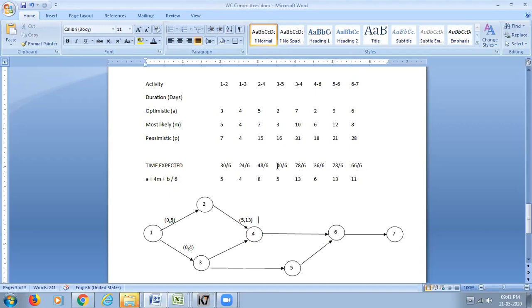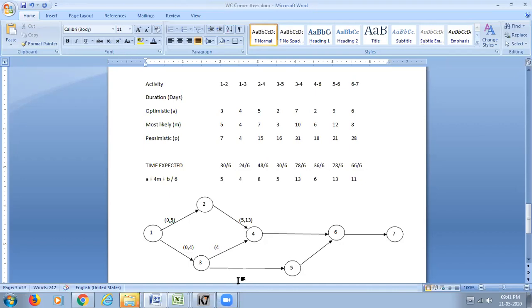Then it is 3 to 5 and 3 to 4. They can start only after 1 to 3 is completed, which means at 4 it can start. It starts at 4.